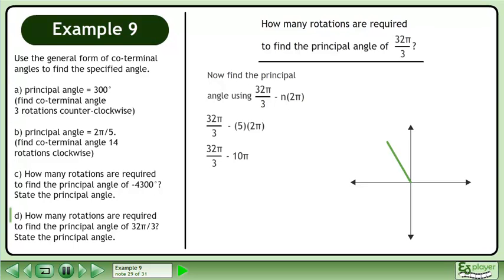Simplify the expression. Get a common denominator of 3. Subtract to get 2 pi over 3. This is the principal angle as an exact value radian.